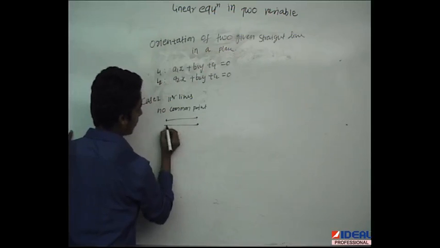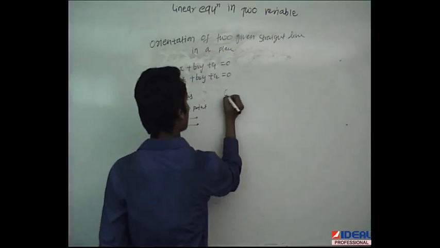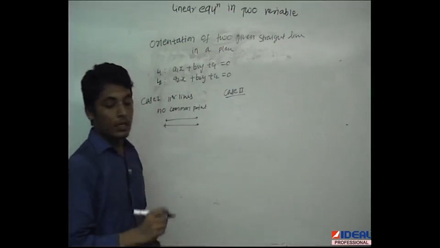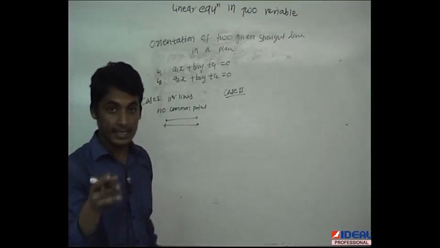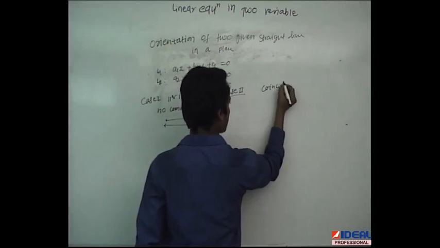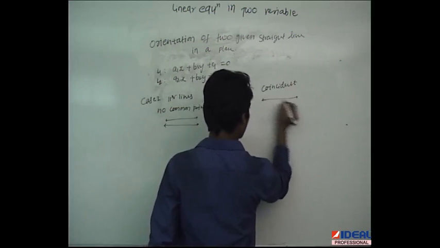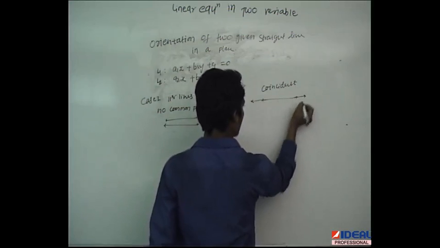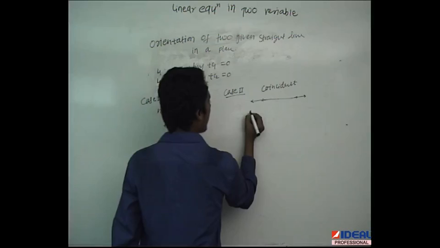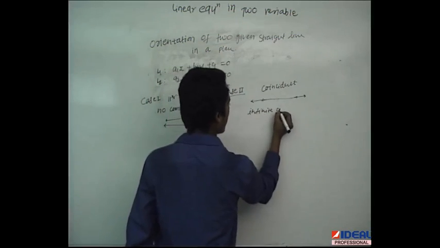Case 2, these two lines are coincident. Coincident means infinite common points.